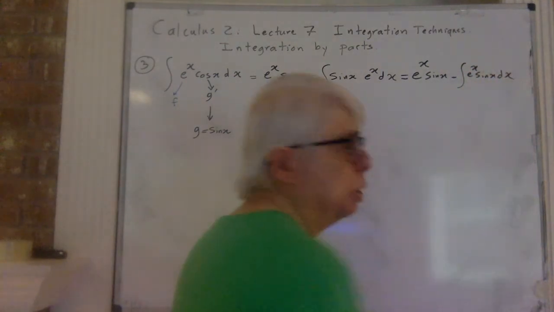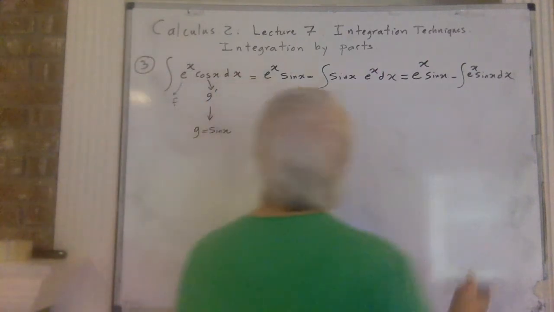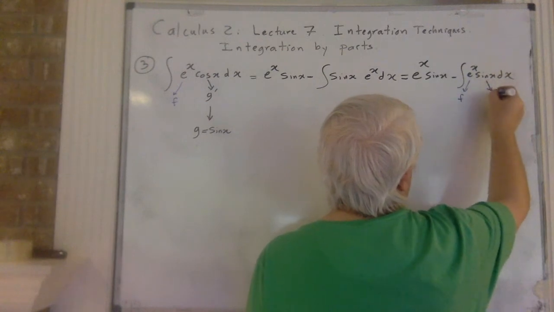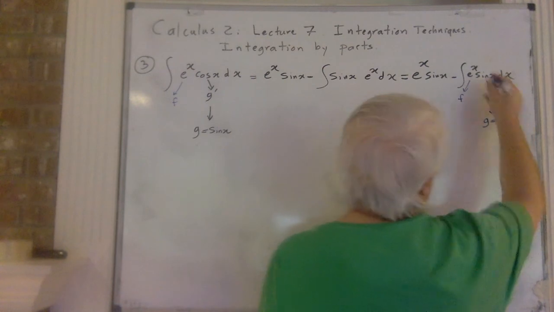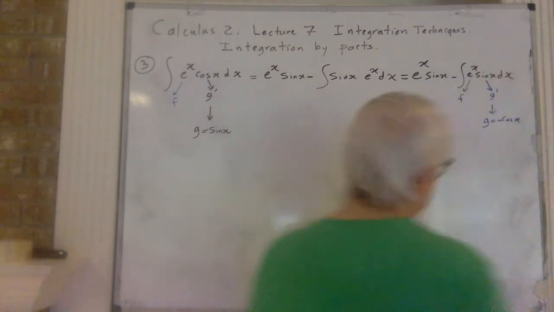Well, sometimes we need more than one integration by parts. So let's do it again. f g prime, g is the antiderivative of this thing, which is minus cosine x.